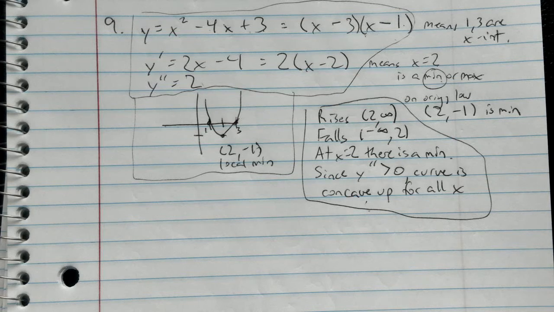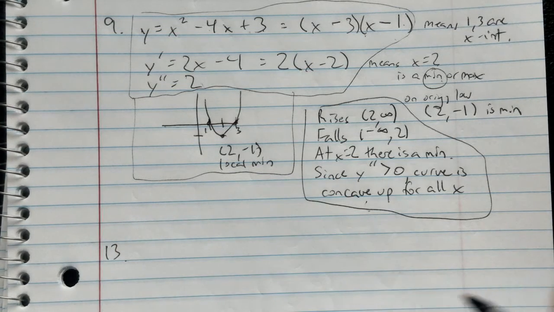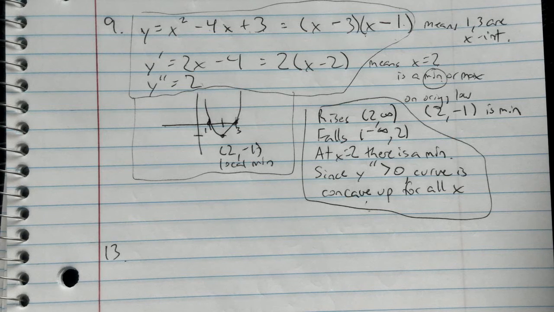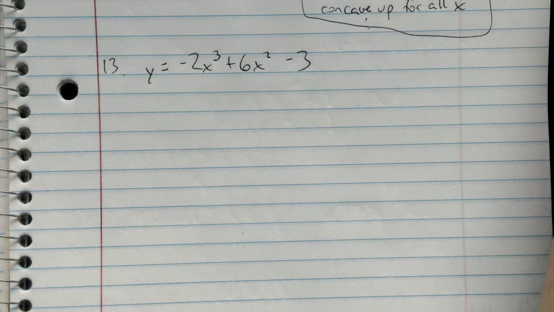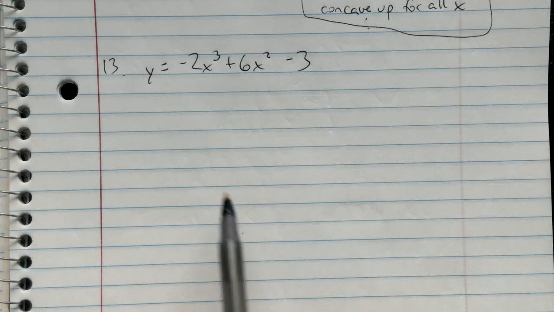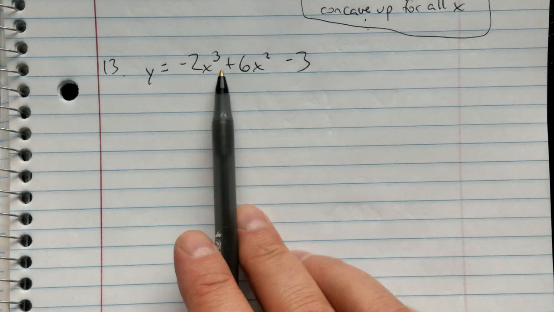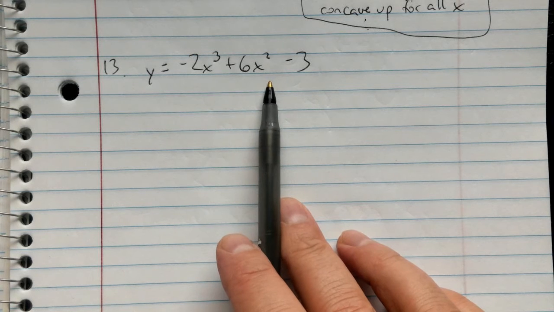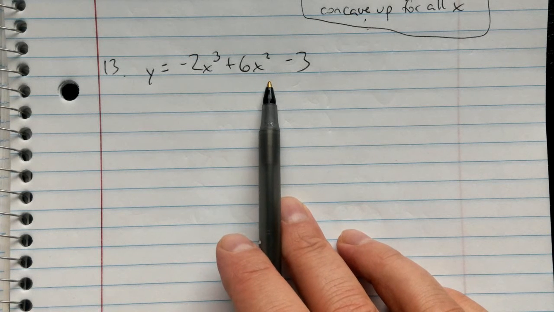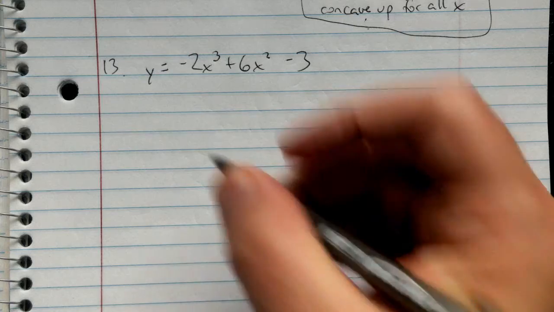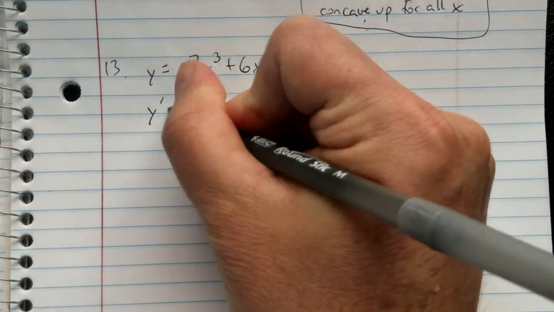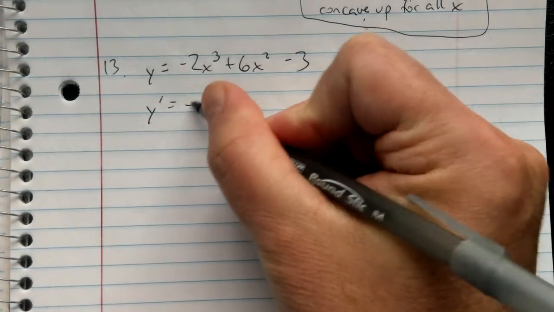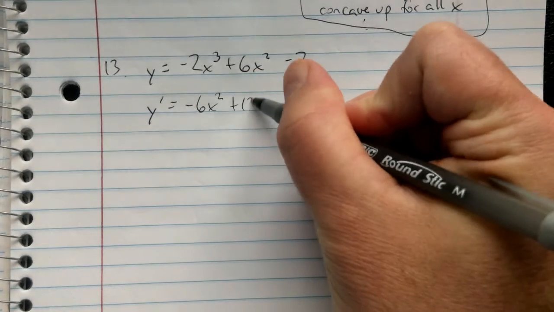Our next one is 13. Okay, so our next one is y equals negative 2x cubed plus 6x squared minus 3. That's our original function, and our first derivative would be negative 6x squared plus 12x.